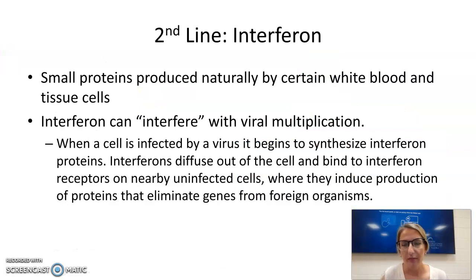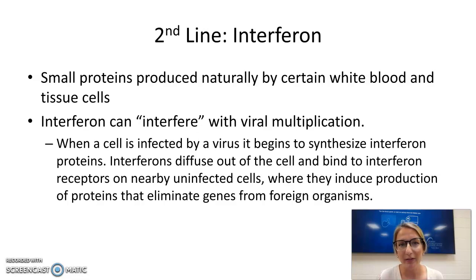The last thing we'll talk about is interferon. Interferon is an antiviral chemical that our body can produce. So when some cells in our body get infected with a virus, they can release this chemical called interferon, which is used as a warning mechanism to alert other cells within the vicinity that a virus is on the loose and that they should prepare themselves.